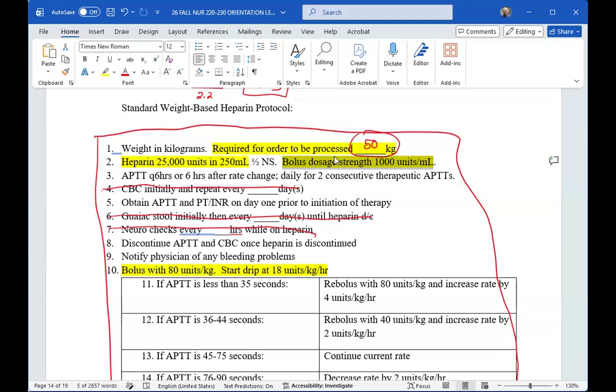This is heparin, so if you push all 1,000 units, you're probably going to cause them to bleed out. We don't want that, okay? What we want is the appropriate amount, but it's going to get pushed into the port that's connected to their IV. The IV, the heparin 25,000 units and 250 ml half normal saline, is what we're going to calculate our infusion rate from.